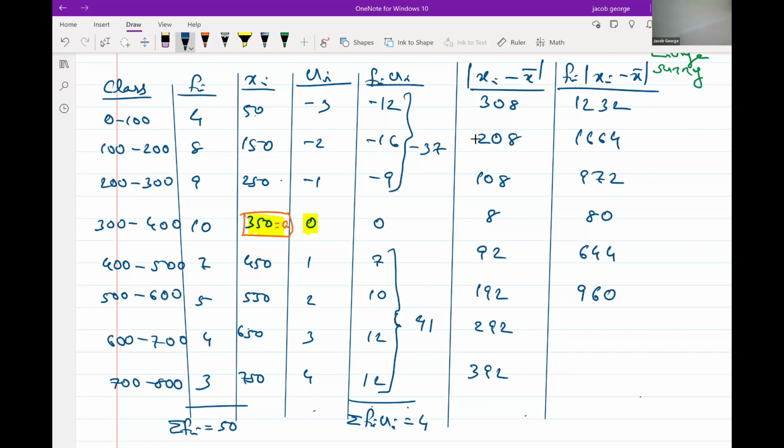Then 4 into 292. 1168. 3 into 392. 1176. Okay, clear? Then you will add this one.